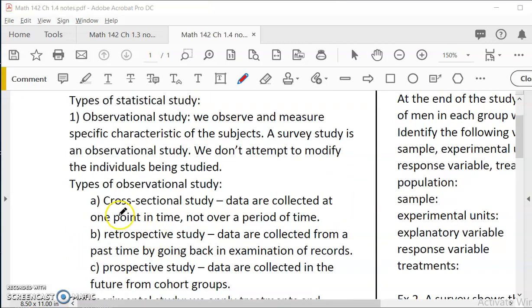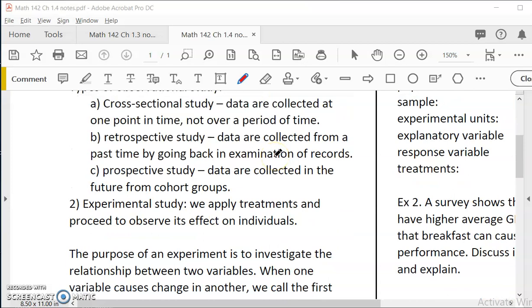What's the main difference? In an observational study, we observe and measure characteristics of the subjects. Notice the keyword is you just observe and measure. You can do a survey, you can do an observation. You do not attempt to modify the individuals being studied, this being the sample.